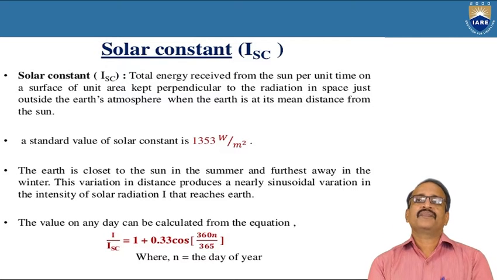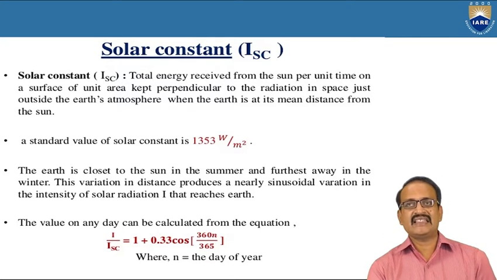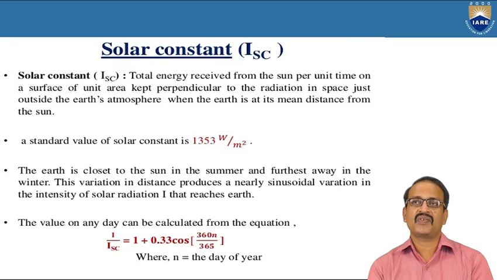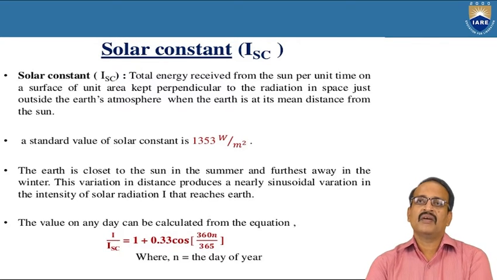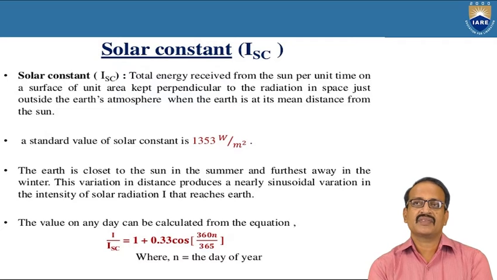So the solar constant is the energy received from the sun per unit time on a surface of unit area kept perpendicular, not parallel, exactly perpendicular to the radiation, in the space just outside the Earth's atmosphere, when the Earth is at its mean distance from the sun.